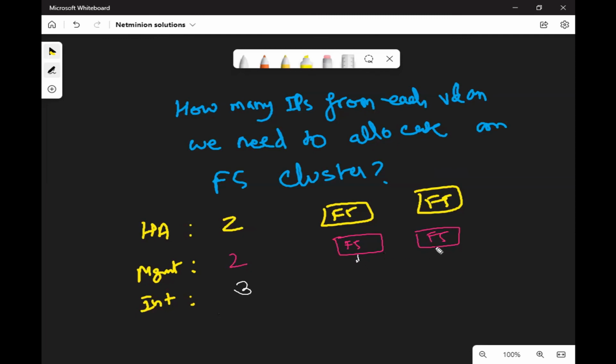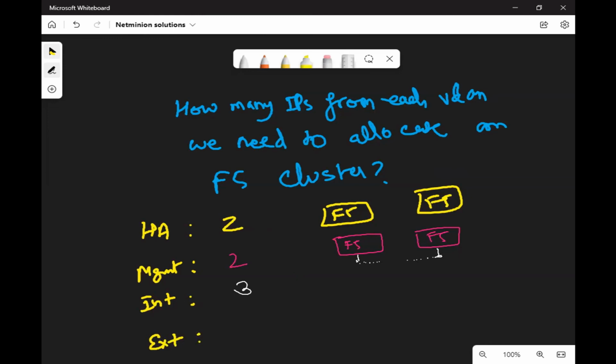One on this, 2, and 1 would be a floating self IP. Are you getting this point? Floating, are you aware of it? Yes, floating self IP for high availability scenarios.